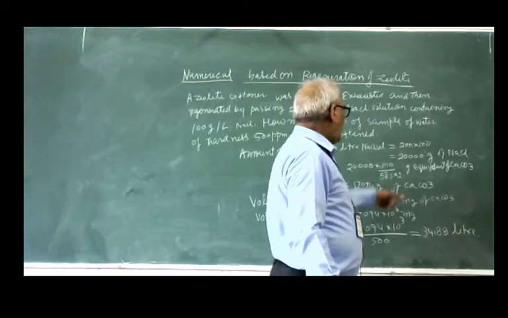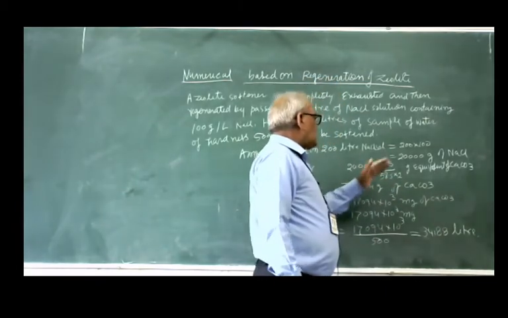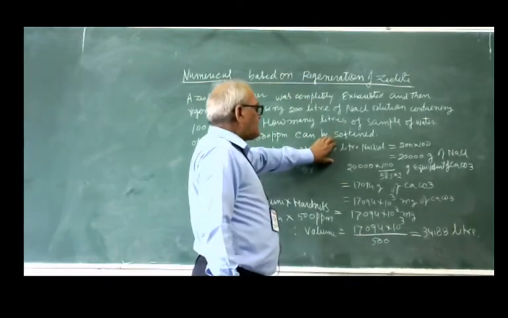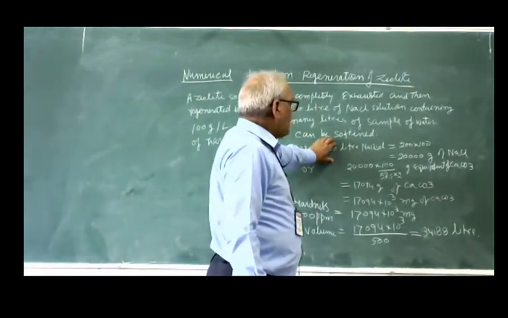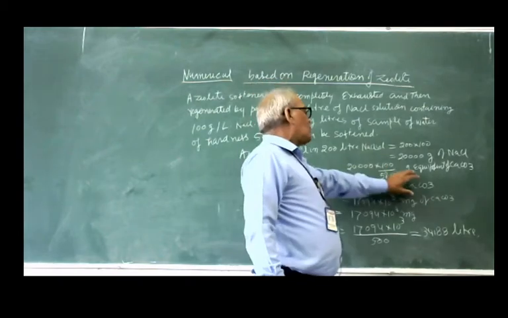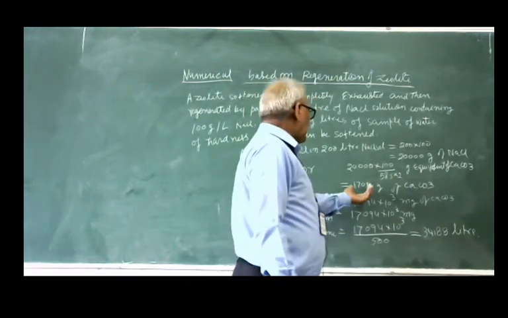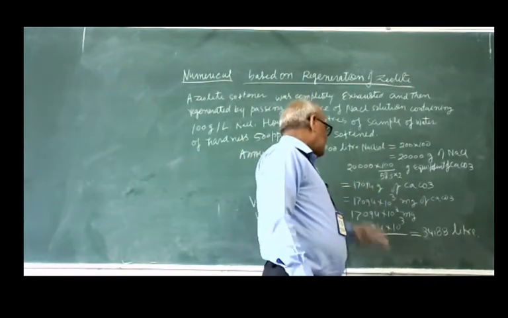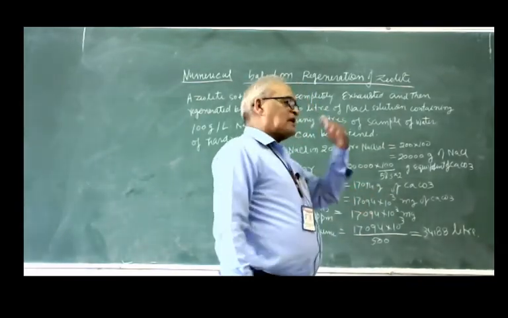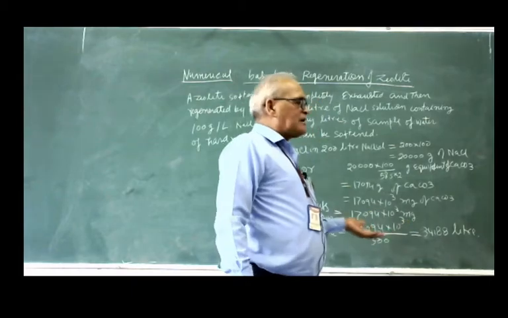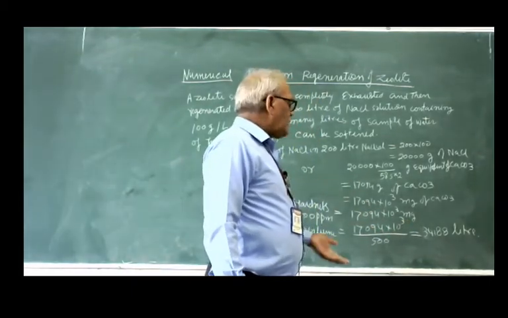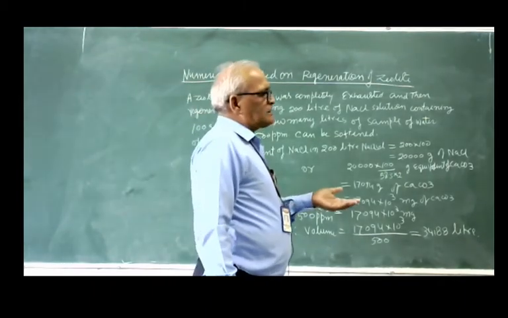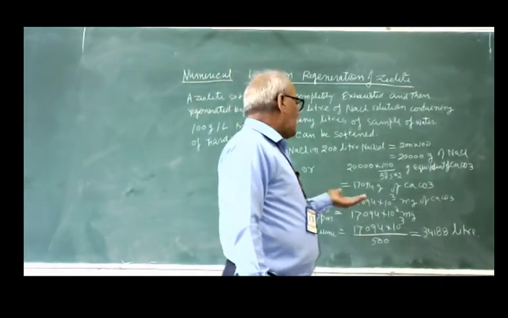In this way, we can calculate the amount of sodium chloride in 200 liters of the brine water in terms of calcium carbonate equivalent, and that value is 17094 gram. Now change it into milligram, because we have already studied that the hardness of water is represented in terms of ppm or milligram per liter.